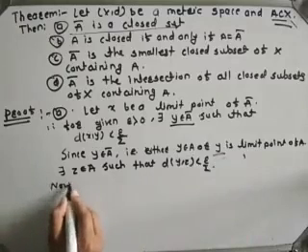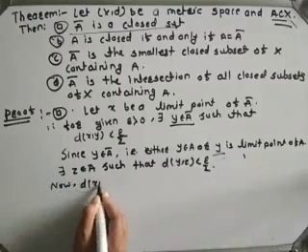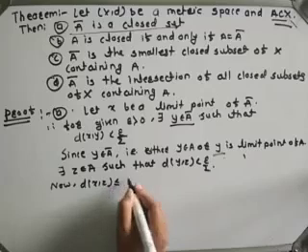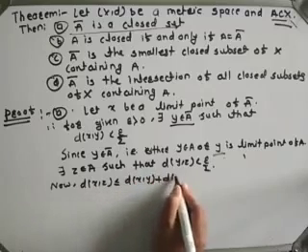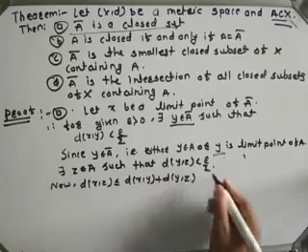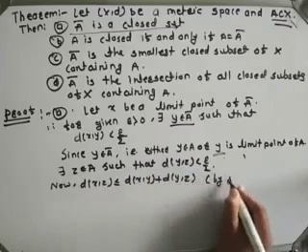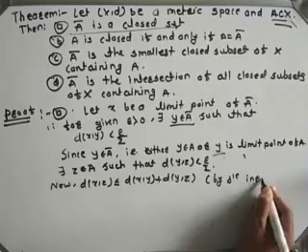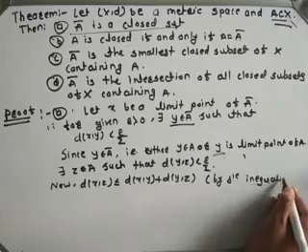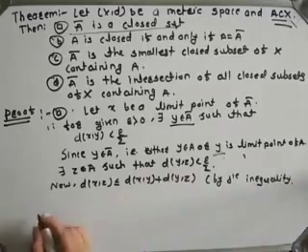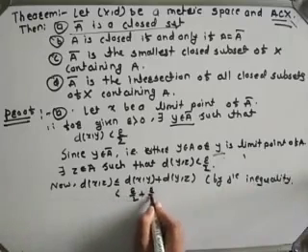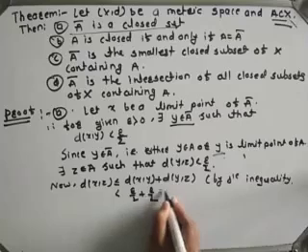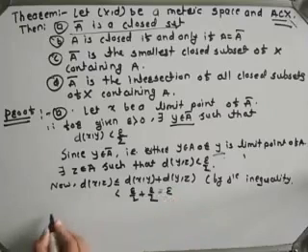Now d of x comma z is less than or equal to d of x comma y plus d of y comma z by triangle inequality, which is strictly less than epsilon by 2 plus epsilon by 2, which is equal to epsilon.